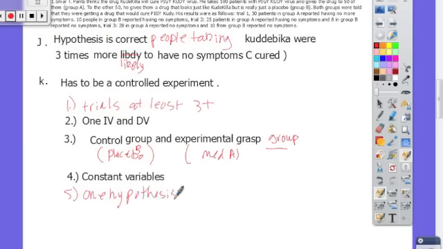In other words, they were only testing one thing at a time. Now this experiment had all those components, so that means it is valid. Valid, because it had all those components.